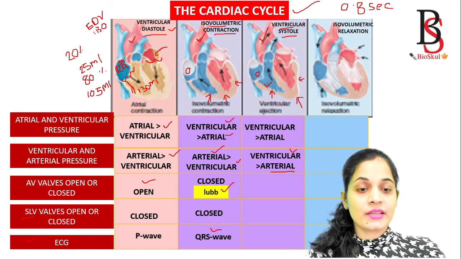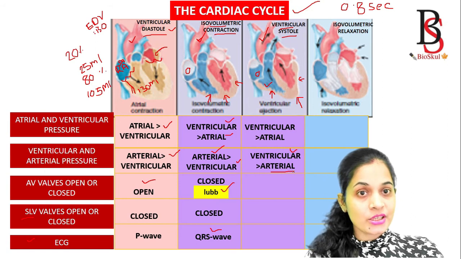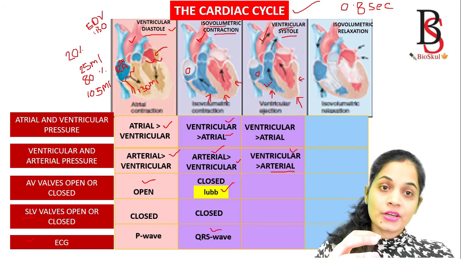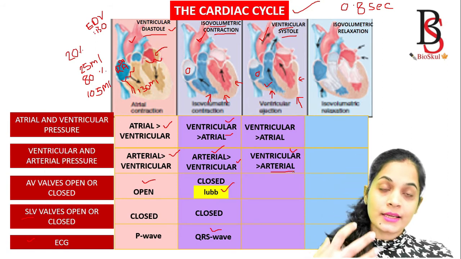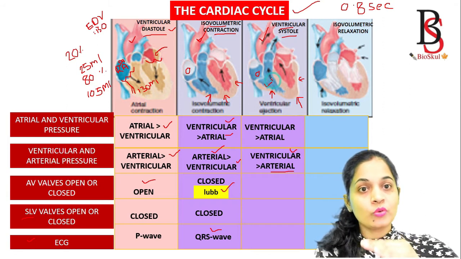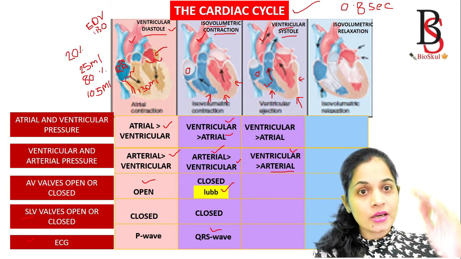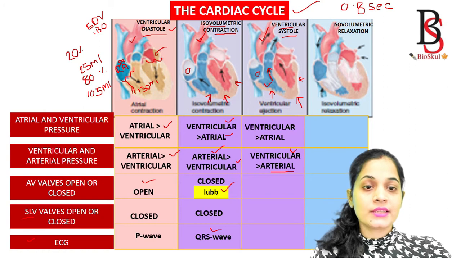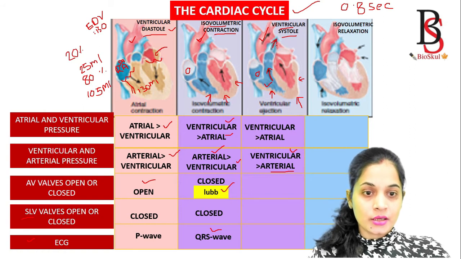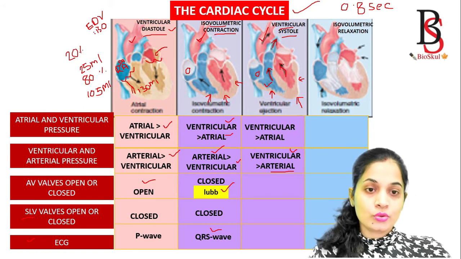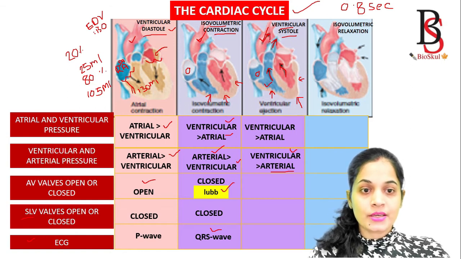If the ventricular pressure is higher than the arterial pressure, blood will move from high pressure to low pressure. That means blood will be ejected from the ventricles, this one is the right ventricle, to the pulmonary artery. Similarly, from the left ventricle to the systemic aorta.